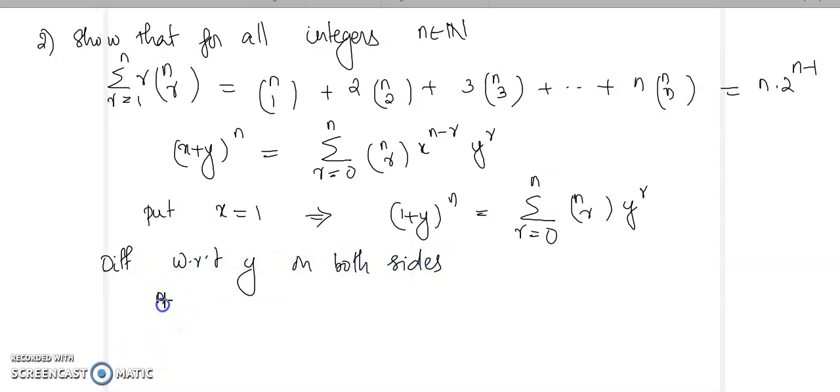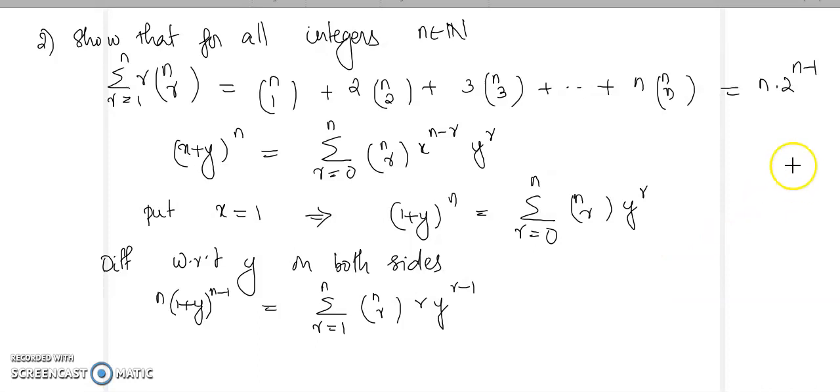So that is going to give n(1 + y)^(n-1). That will be equal to the summation. When you differentiate here, it will start from 1 to n, so nCr r y^(r-1).